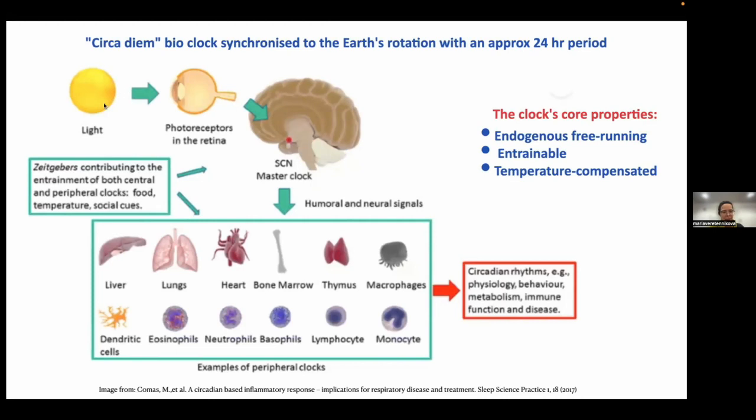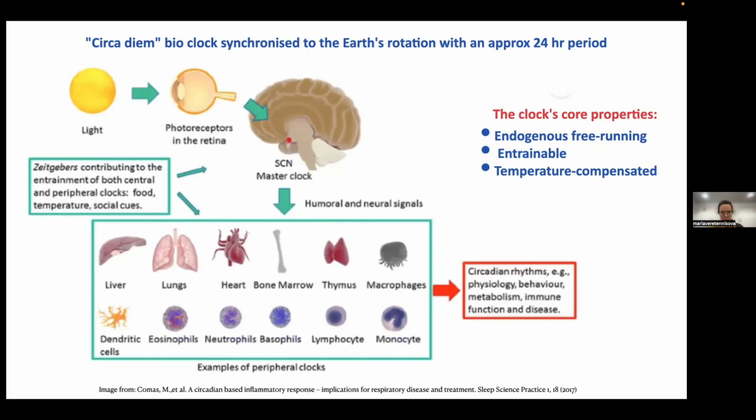That happens through light entering the eyes and that signal going into the SCN, and the SCN clock being linked to the light-dark cycle that we observe because of the Earth's rotation, which enables it to synchronize the clocks on the periphery.